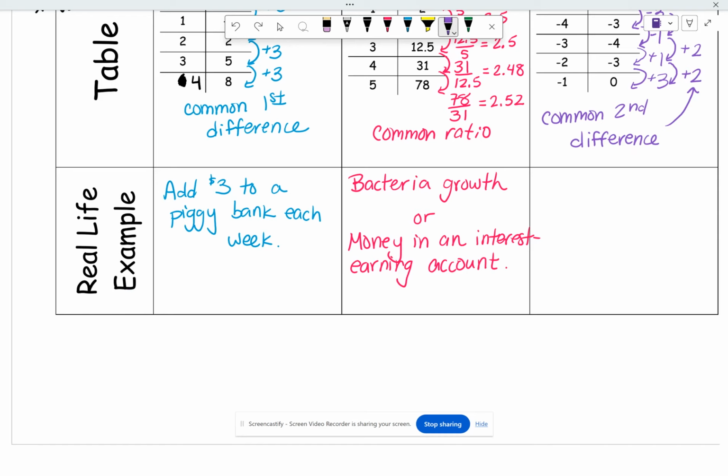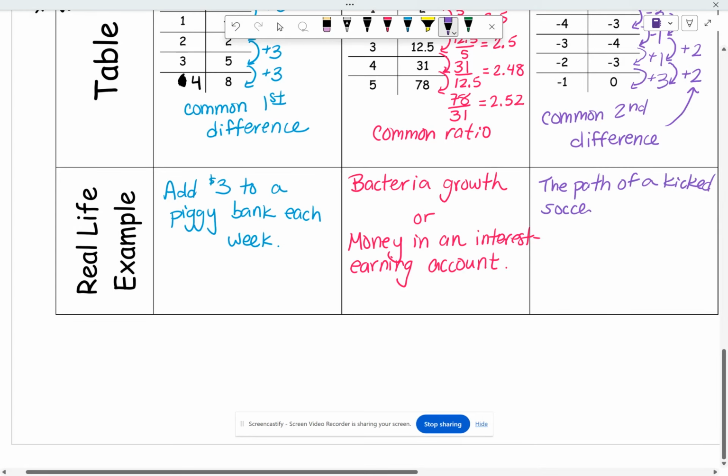And then common real world examples of parabolas. Like I said, it's usually the parabola with a negative a value, like the path of a kicked soccer ball, assuming it left the ground, or a rocket.